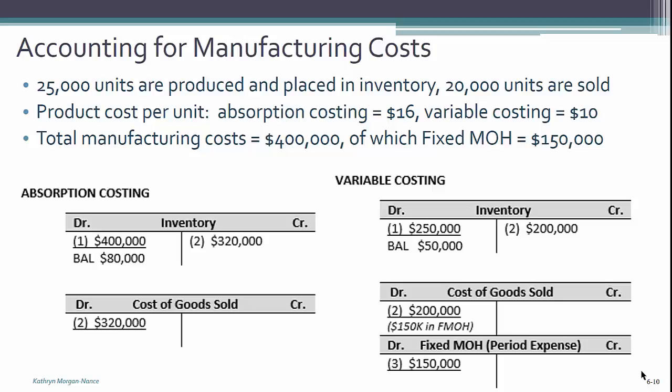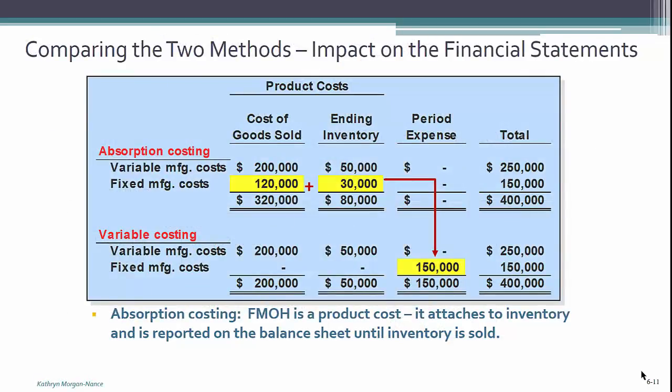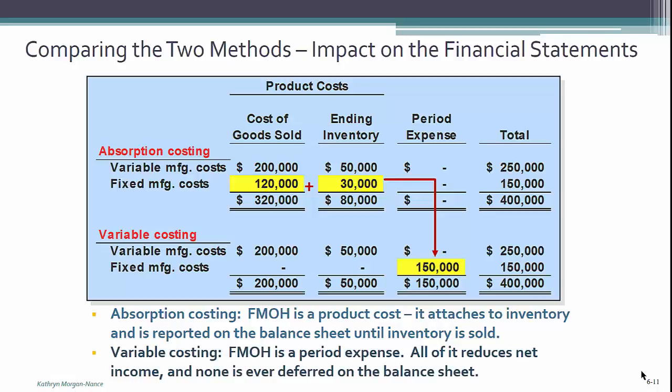Now, let's take a moment and look at these manufacturing costs in a different format. This slide shows another way to think about the differences between absorption and variable costing. Here we simply categorize the $400,000 of manufacturing costs as either product or period costs. Under variable costing, the entire $150,000 of fixed manufacturing overhead is treated as a period expense.